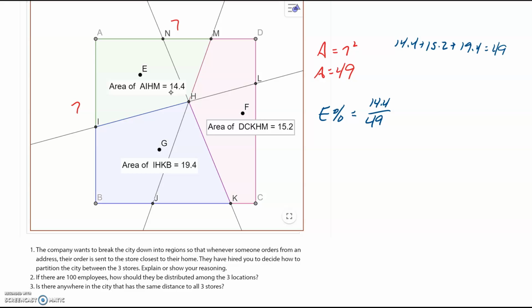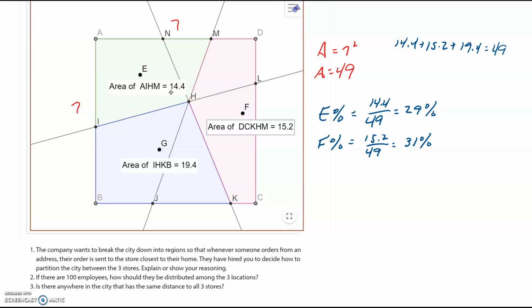So 14.4 divided by 49, and we get 29%. Find the F percentage. We're going to do the same thing. We're going to take the 15.2 and divide it by 49. And that is 31%.